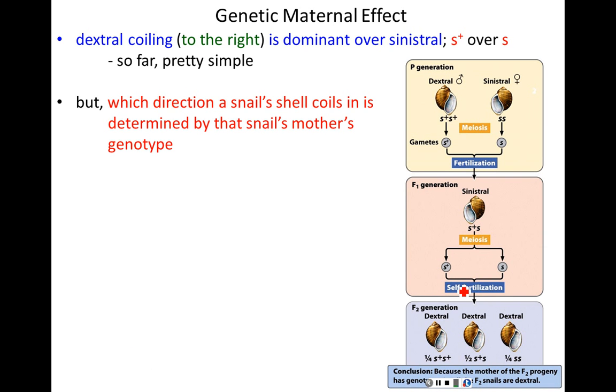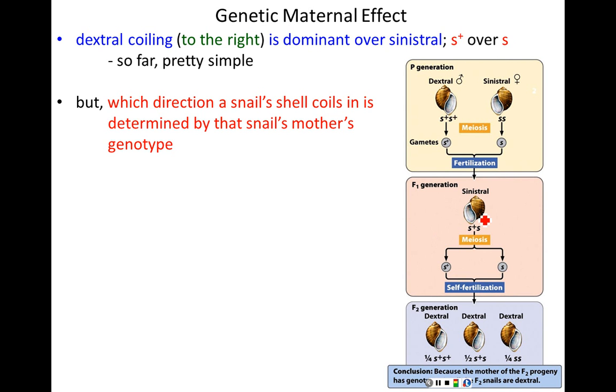What? All right. So, here's a dextral male who's homozygous dominant, S+S+, coils to the right, mated with a sinistral female, SS, homozygous recessive, coiling to the left. You look at the offspring. The offspring is genotypically heterozygous with a dominant allele.